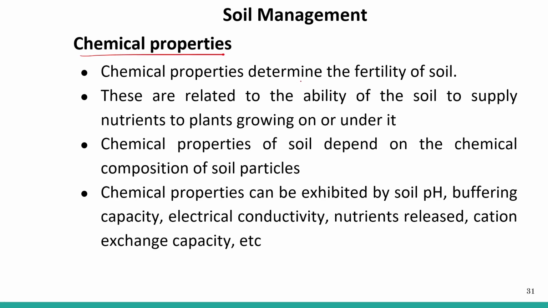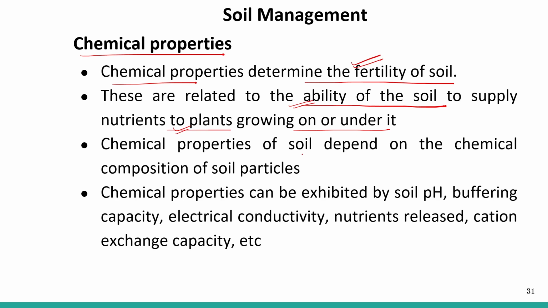The chemical properties determine the fertility of the soil. How fertile the soil is, is determined by the chemical properties of the soil. They are related to the ability of the soil to supply nutrients to the plants growing in it.